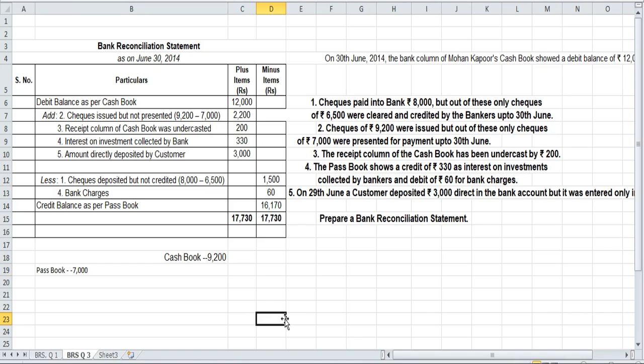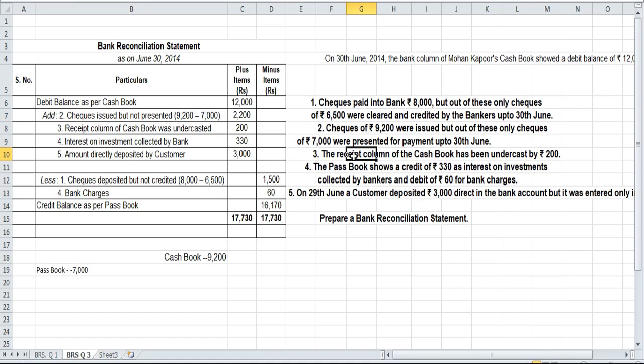That means 7000 worth of check we have given from the passbook. So cash book is less by 9200. Okay, and out of this 7000 is already paid from the bank, so still we are less by 2200. So this 2200 less will go up and match with the passbook to make it 9200. Okay, so 9200 minus 7000 is 2200, so this will come on the add side.